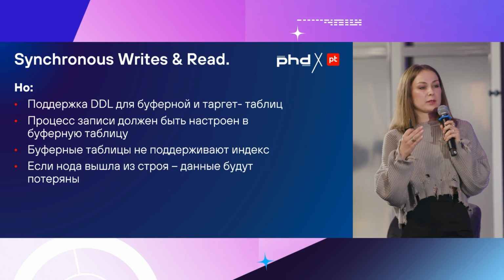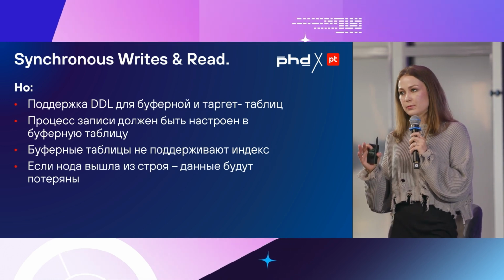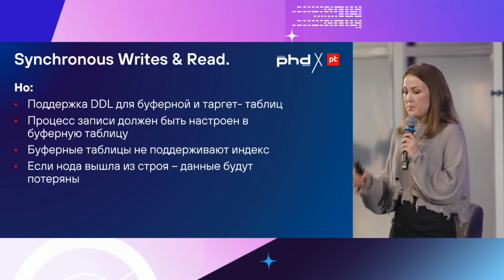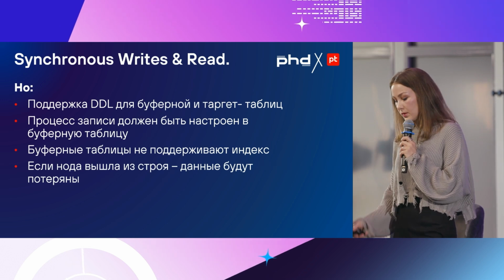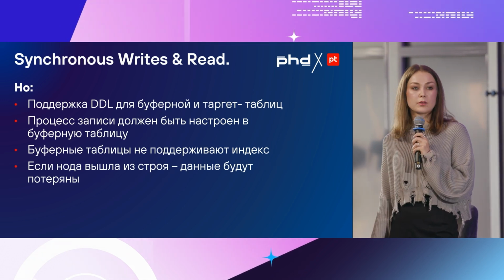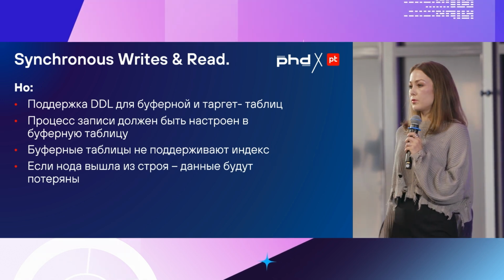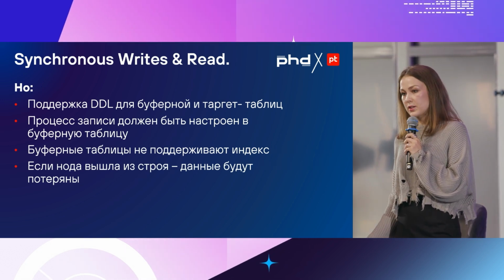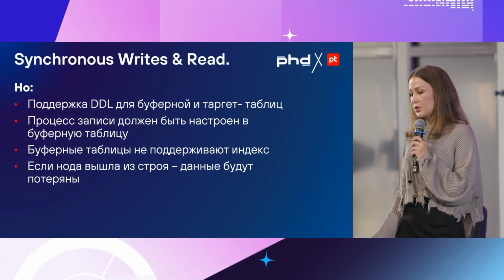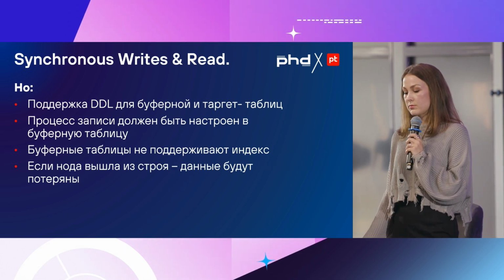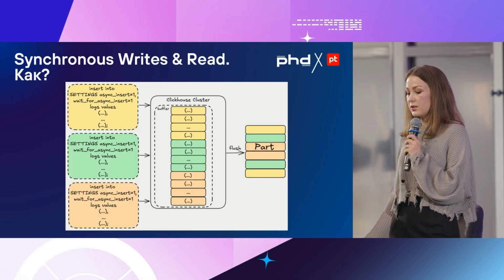This will be really noticeable. And you've got to remember that the buffer table is in memory, and this should somehow help. And yet another point is that if anything happens with our node, then our data will be lost.